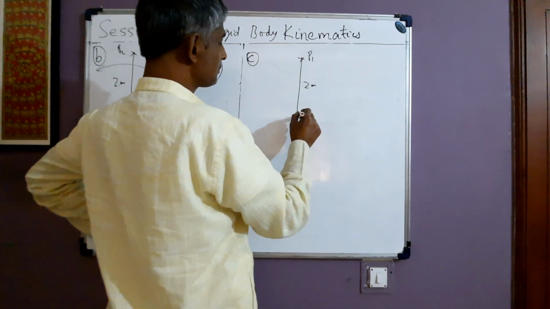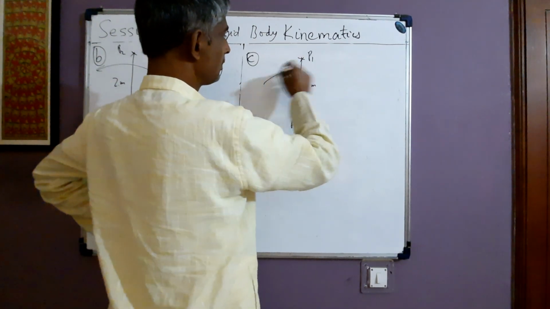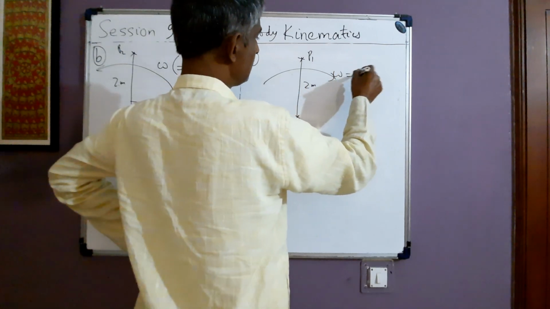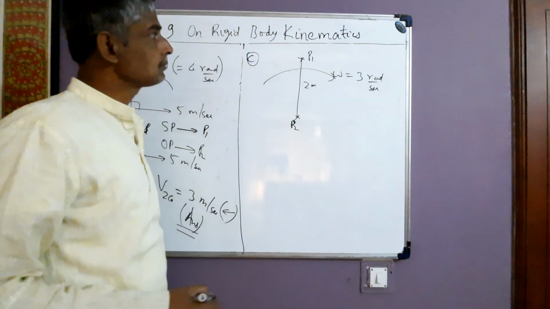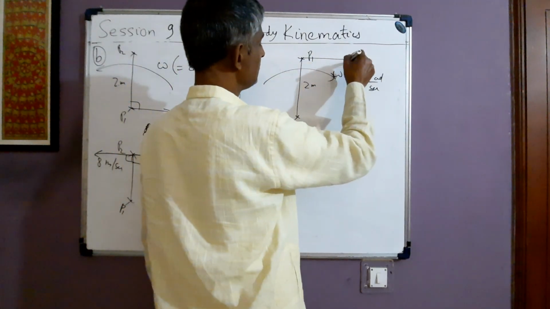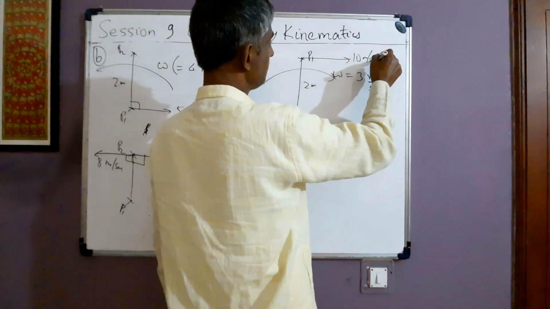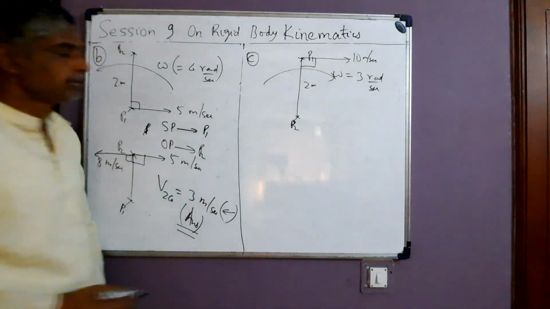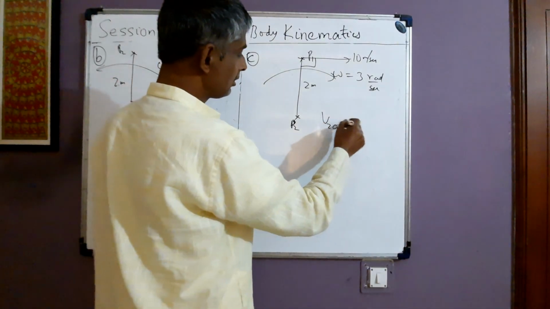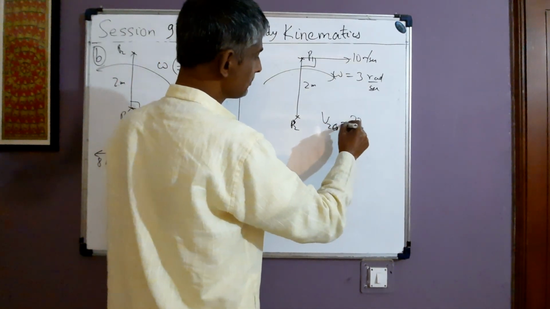This is P1, this is P2. Omega is again say 3 radian per second clockwise with respect to ground. Velocity of P1 is 10 meter per second rightward. Now I have to find the velocity of P2. V2G has to be found.